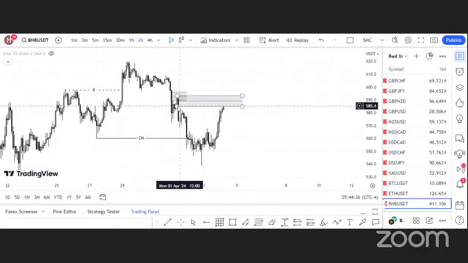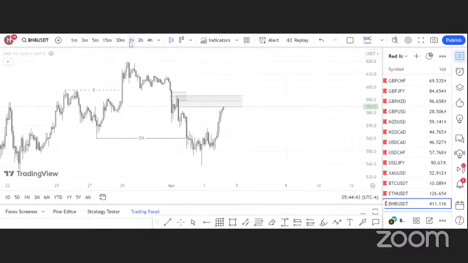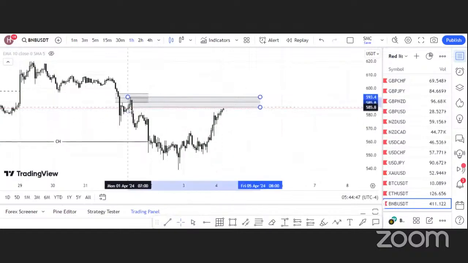So let's see what happens from this zone. Okay, so going down to the 1 hour time frame.